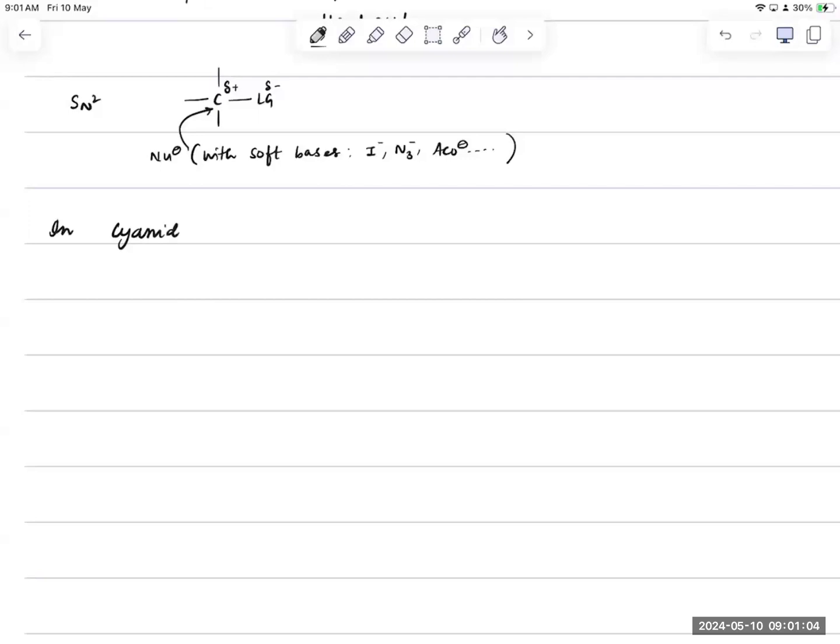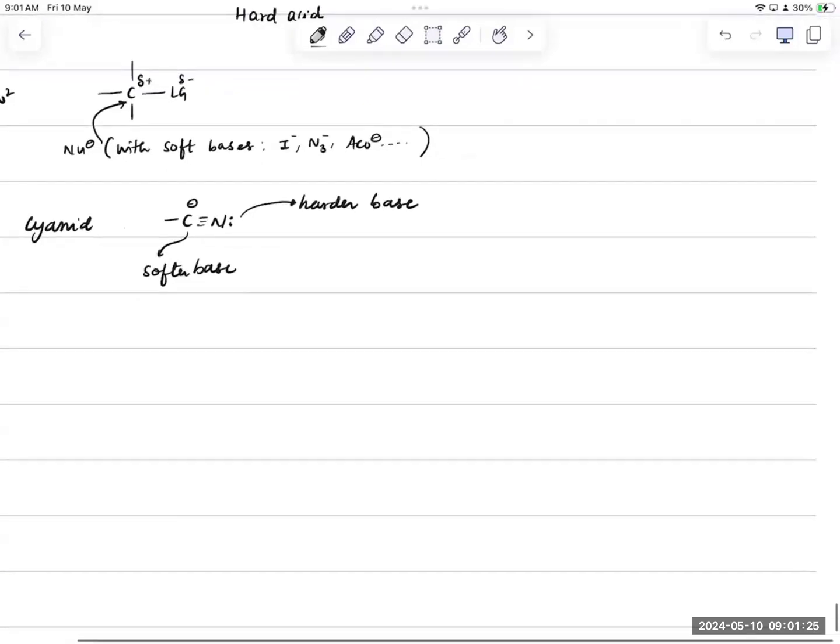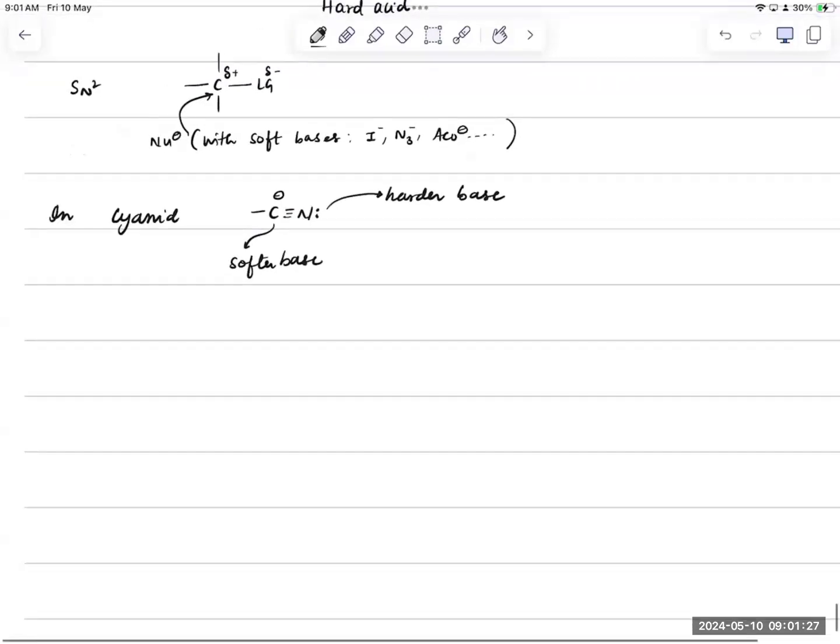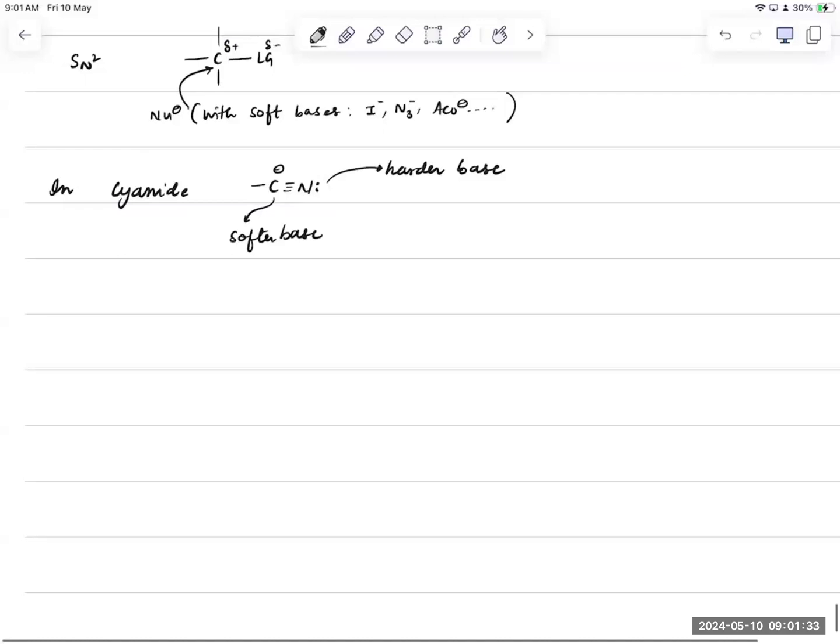Similarly, in the cyanide ion, the carbon end is a softer base, while nitrogen's lone pair is a harder base because it has more electronegativity, so it is less likely to get polarized.